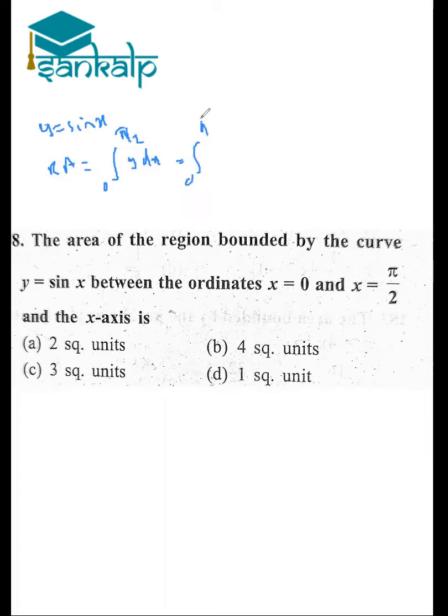This will be the integral from 0 to pi by 2 of sine x dx. Integration of sine x is minus cos x from 0 to pi by 2. So cos pi by 2, the value will be 0 minus 1. So on simplifying we get plus 1. Option D is the right option.